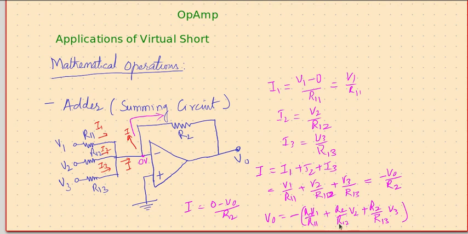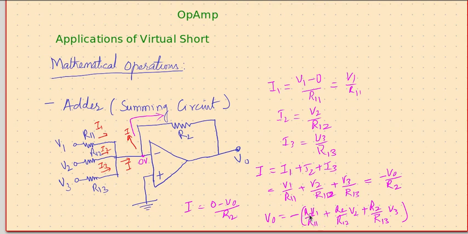So if all R11, R12, R13 are equal, then it will be R2 by R1 times V1 plus R2 by R1 times V2 plus R2 by R1 times V3. That means each one gets amplified by the same magnitude R2 by R1.